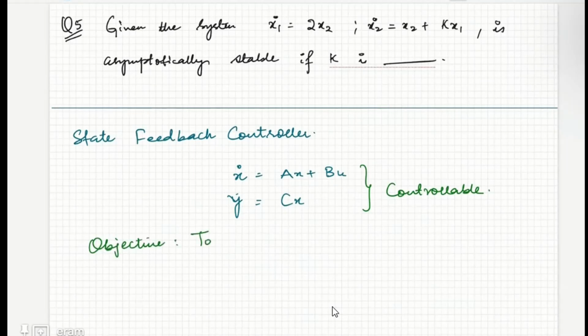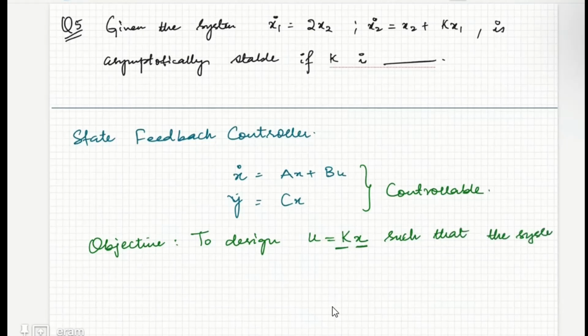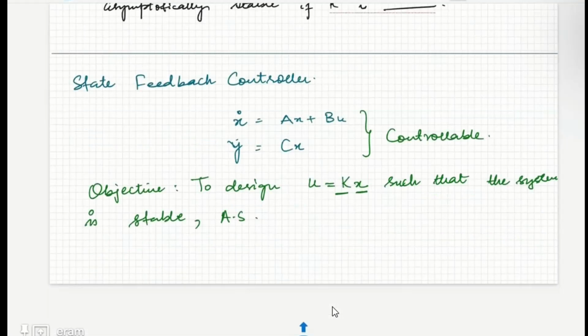It is given that this system is controllable, and the objective is to design a controller U, which is a state feedback controller. State feedback means we only take the information of state x multiplied with a gain matrix K such that this system is stable, or we can design for asymptotically stable, whatever be the objective.